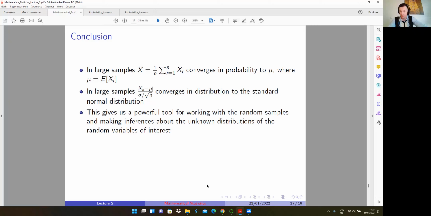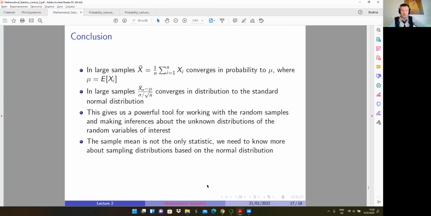Yesterday, we posed a problem. Today, we partially solved it, because now we showed that we don't need to know the underlying distribution of the random variable of interest. Once we have a sample and calculate the sample mean, we can do a lot of interesting things.